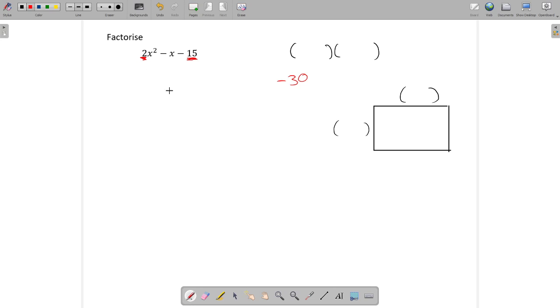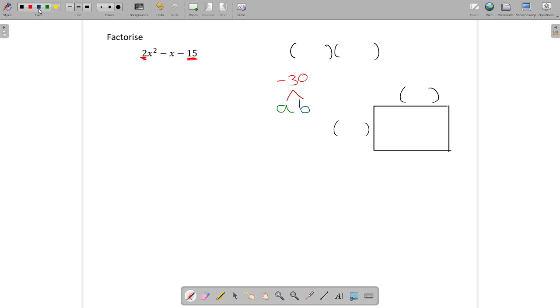Okay, so what we want to do is get factors of minus 30, factor A and factor B, that when we multiply them, they make minus 30.